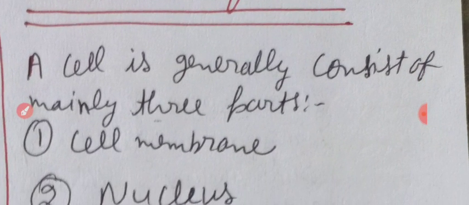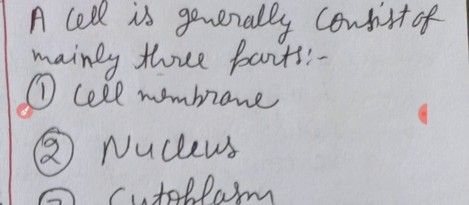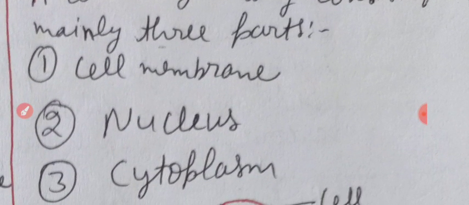A cell generally consists of mainly three parts: first, cell membrane, second, nucleus, third, cytoplasm. Clear? Cell membrane, nucleus, cytoplasm.